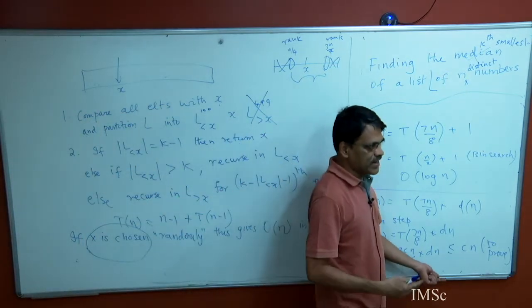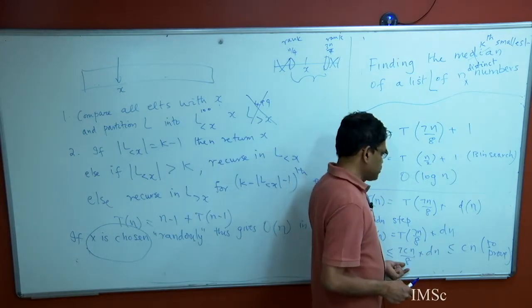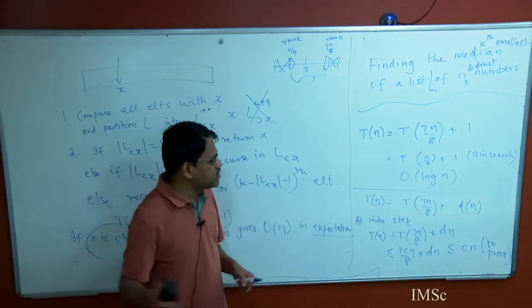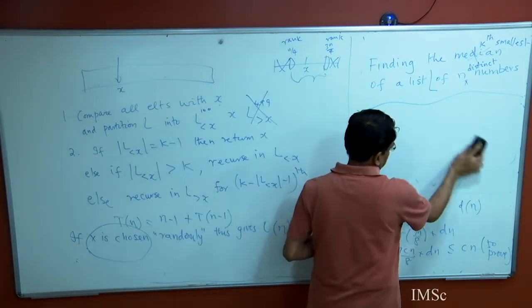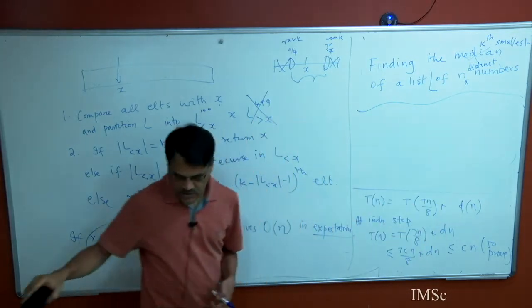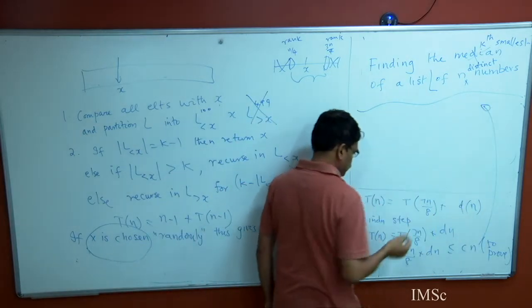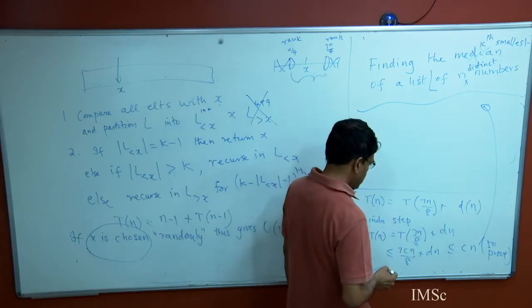I can choose my C large enough, which will satisfy the base case. Let's see what the condition for C should be. We can simplify this. Let's cancel out the n.